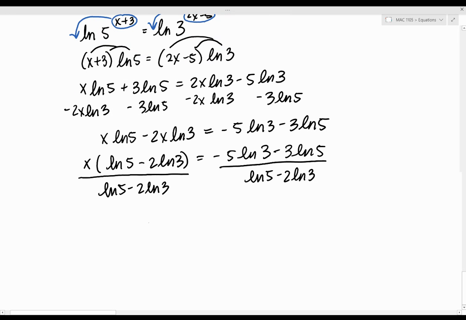So my answer is x equals negative 5 natural log of 3 minus 3 natural log of 5 over natural log of 5 minus 2 natural log of 3.